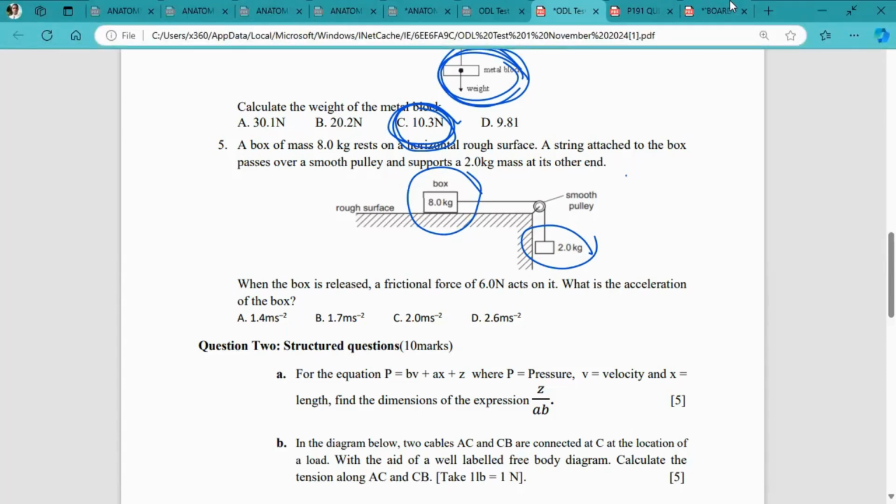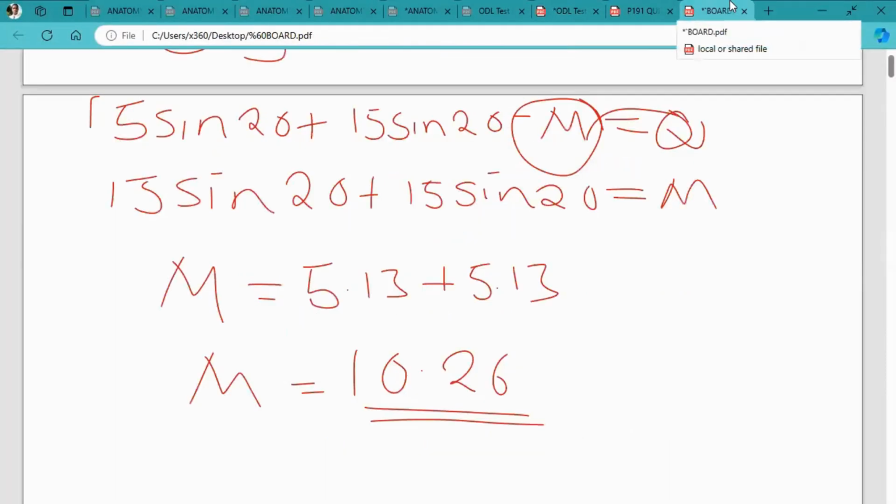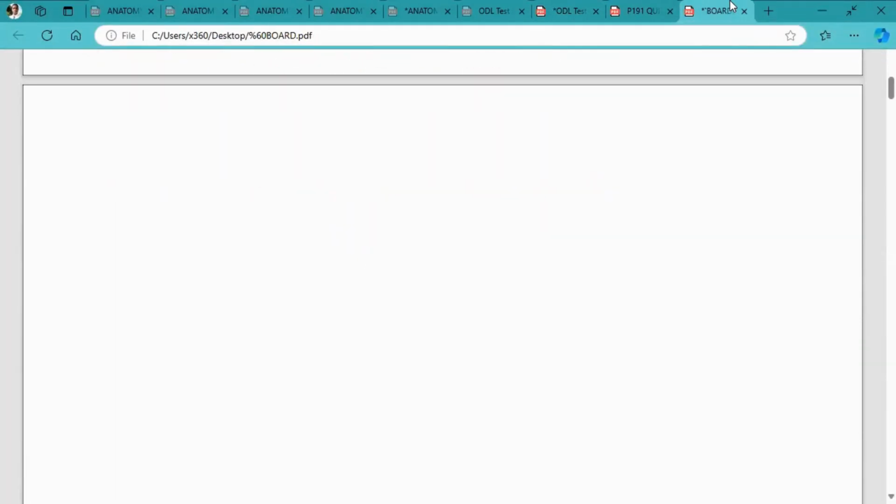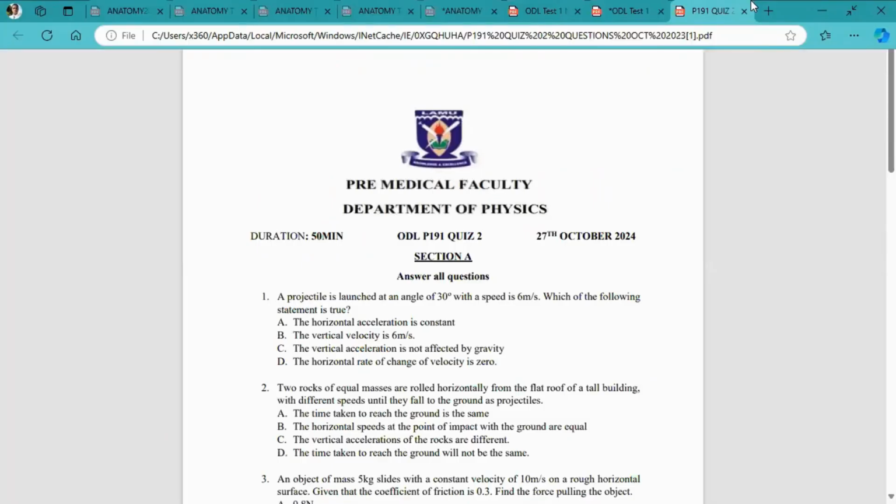Okay, so let's draw our free body diagram. This is question 5.